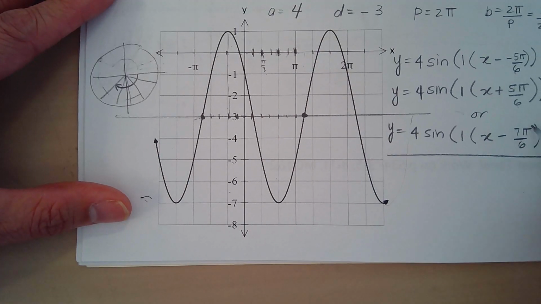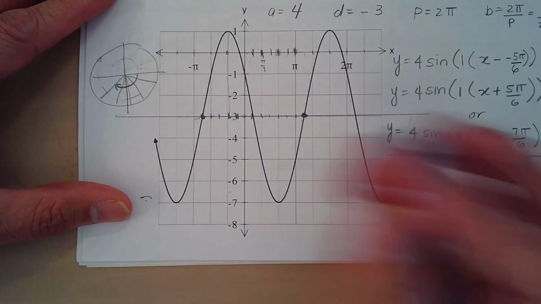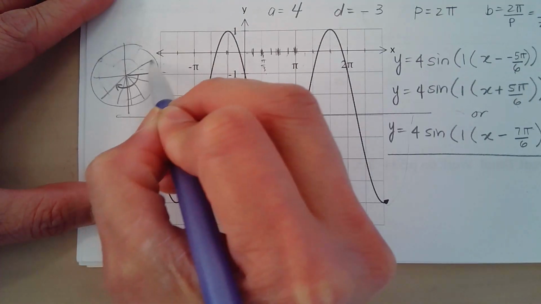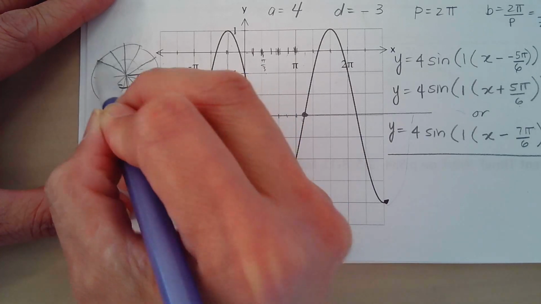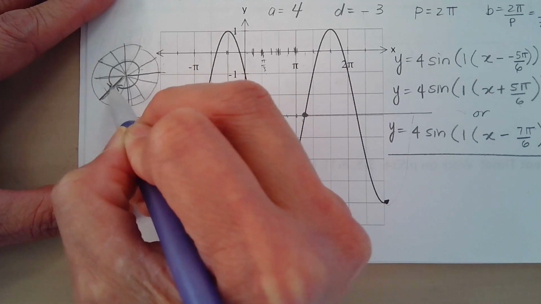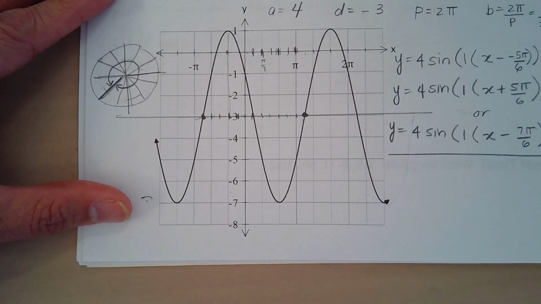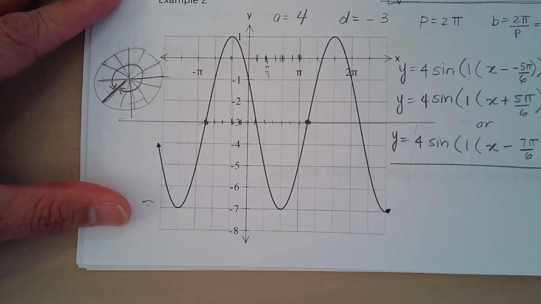What about the other one? Positive 7 pi by 6. Where would the 7 pi by 6 be? 1, 2, 3, 4, 5, 6, 7. That's kind of neat, isn't it? Yeah, they're in the same place.